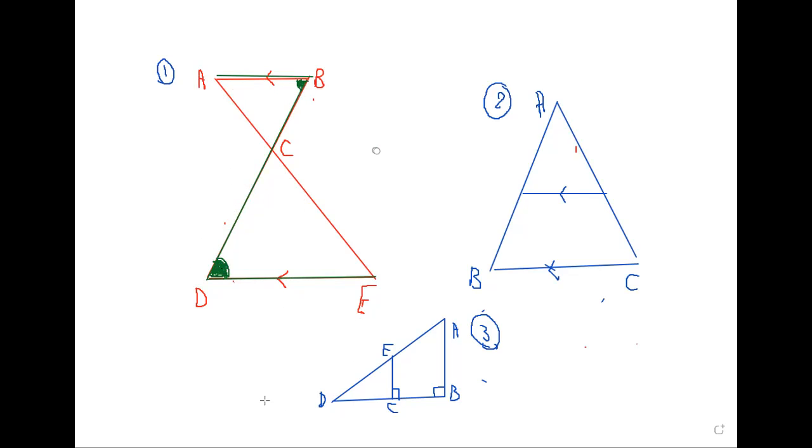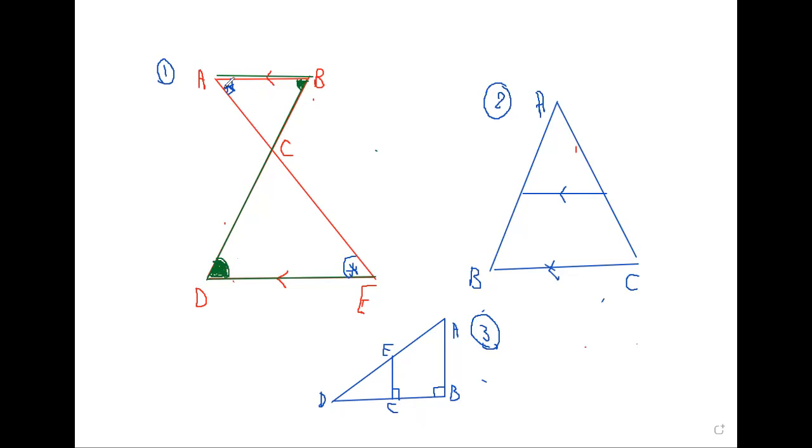What else? Grade 8. So Jana, she found the first pair. Do we have another pair in this figure? A and E. Yes, by the same way, we can say that measure of angle A will be equal with measure of angle E, right?